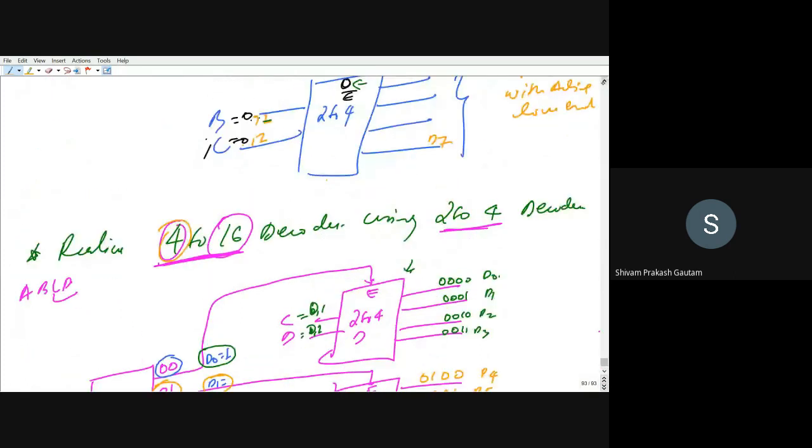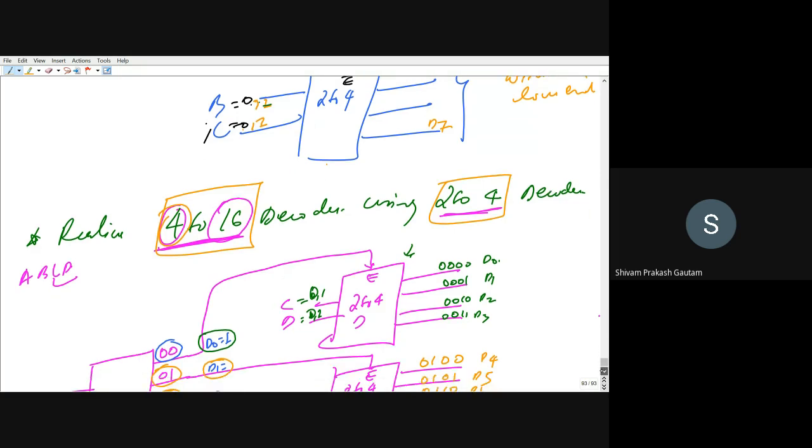So in general, if you want to realize any higher decoder using lower input decoders, say a 4 to 16 decoder using 2 to 4 decoders, and suppose in an MCQ question you want to calculate how many lower input decoders you will be requiring to make the higher input decoder, what you can do is divide the outputs of the higher and lower one. For example, here 16 is there and 4 is there. So 16 divided by 4 will give me 4.